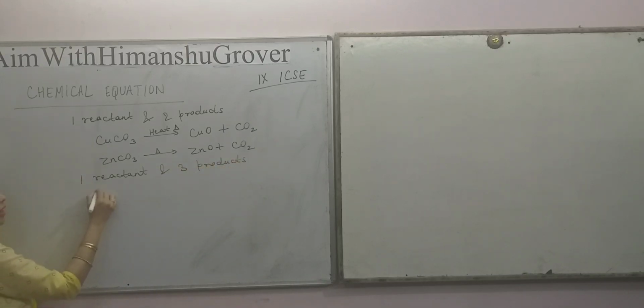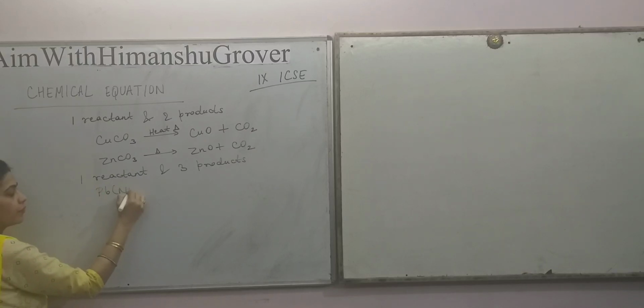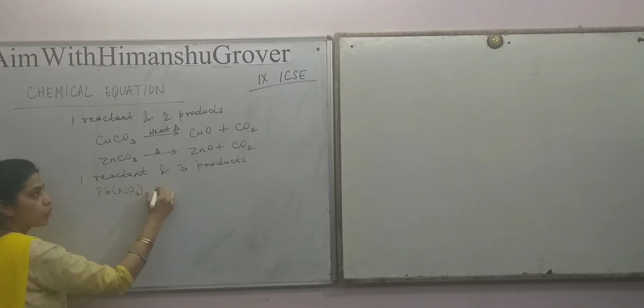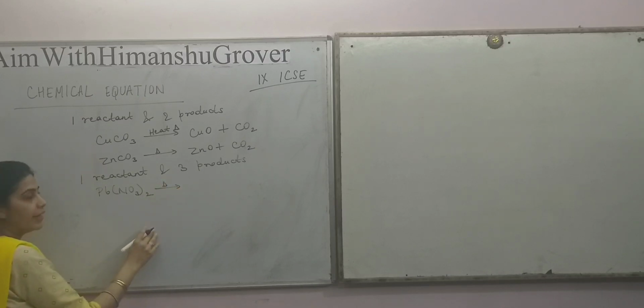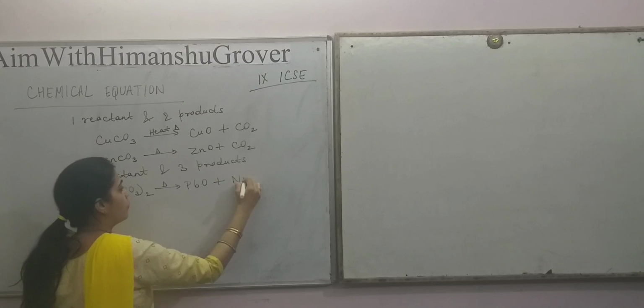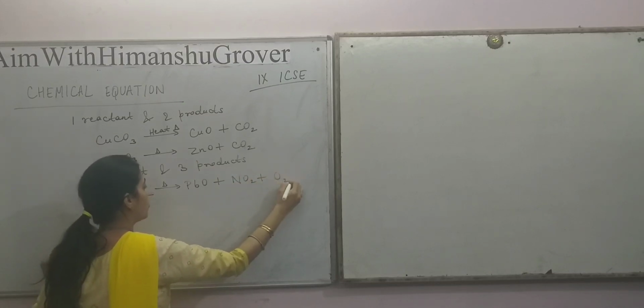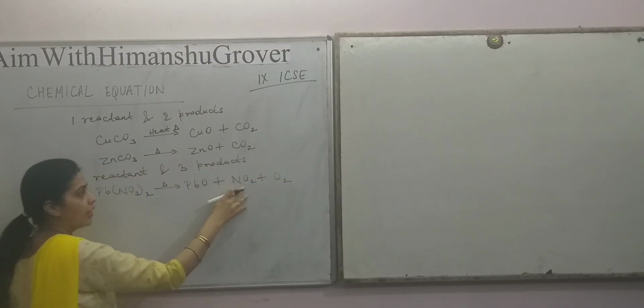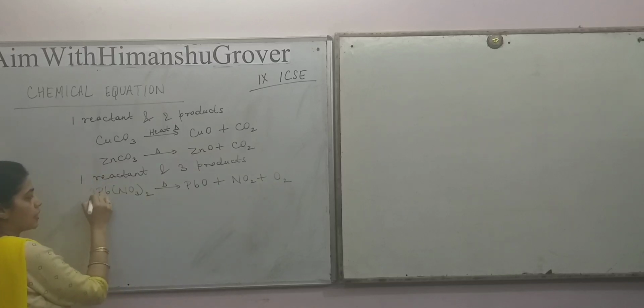For example, lead nitrate, Pb(NO3)2. When it is heated, it gives PbO plus NO2 plus O2: lead monoxide, nitrogen dioxide and oxygen.